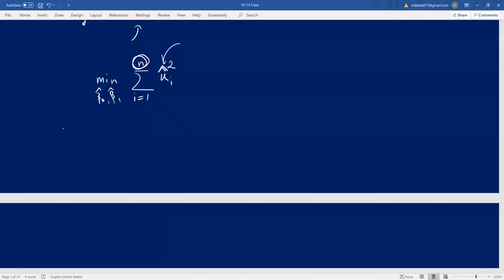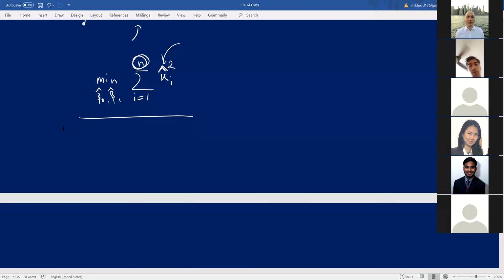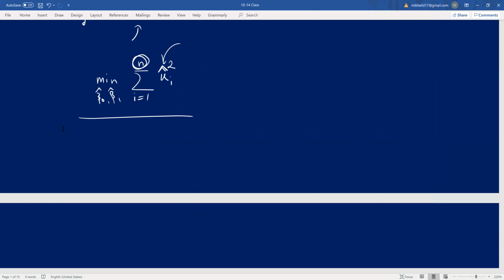And then when you do this optimization, and I did not require you to derive it, the derivation is easy, not difficult. It's in the class slides, but in the class slides you take n equals 2, so that means you have only 2 observations in your sample, which is nonsense, but it still works for illustrative purposes.